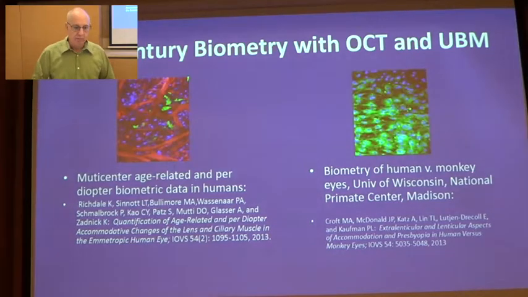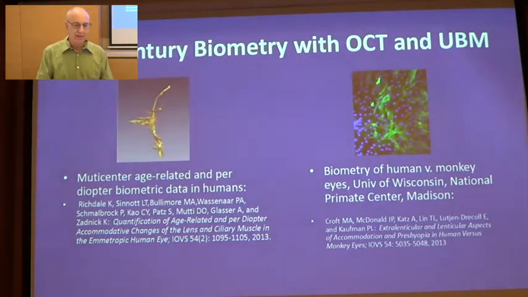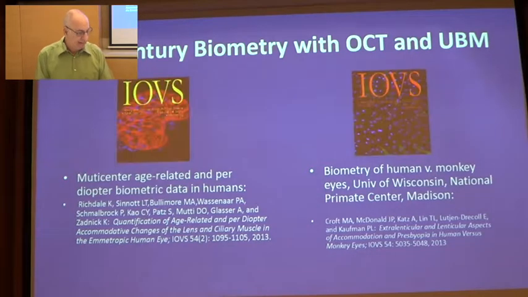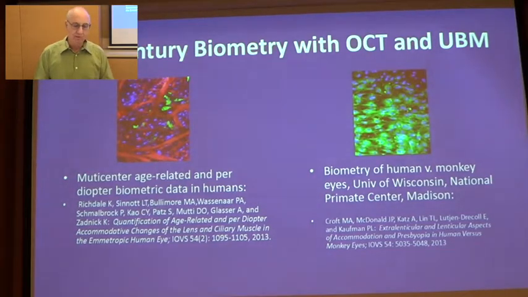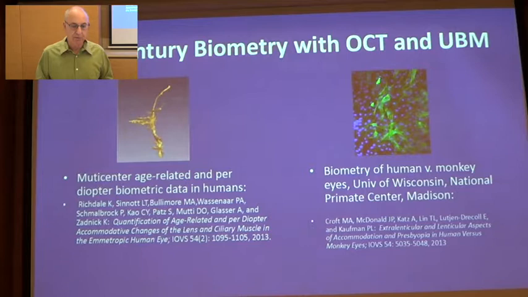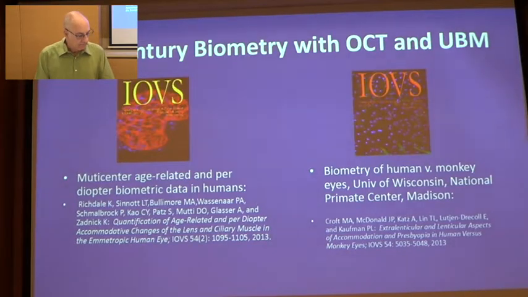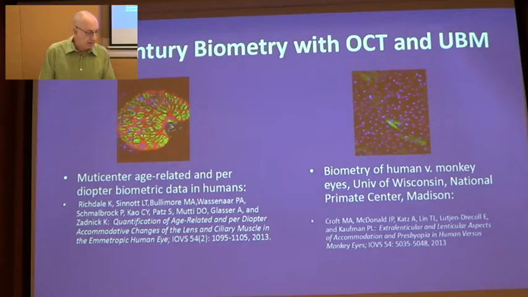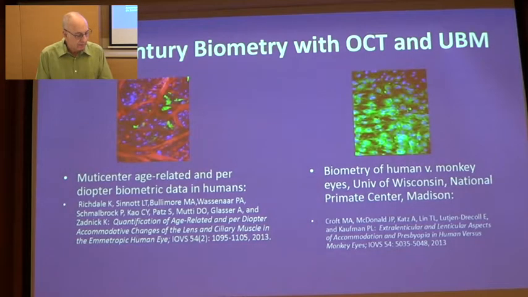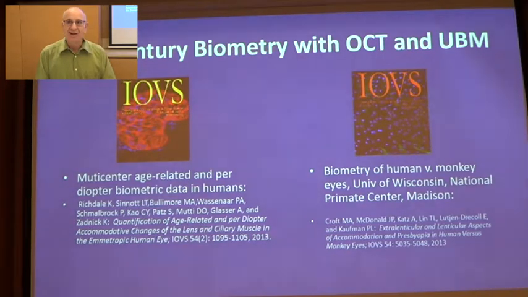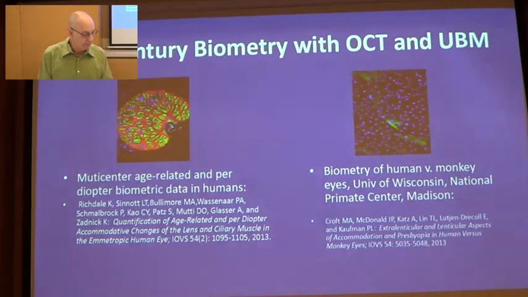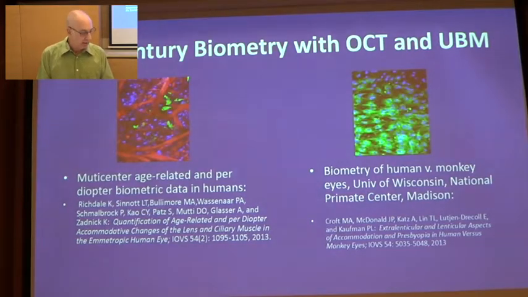After the first model was built, there was more research and better biometry, and there was even another zonular fiber described. So I went back to the drawing board and used these studies. The advanced biometry with UBM and OCT has really enabled us, given us an ideal data set to build the model to scale.